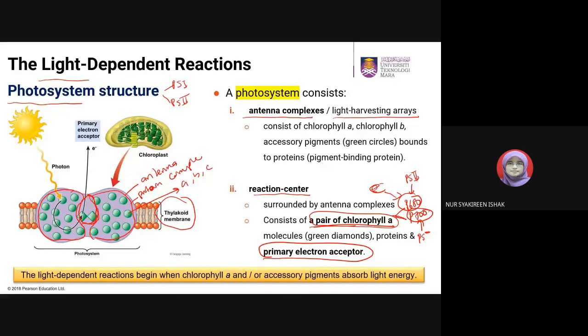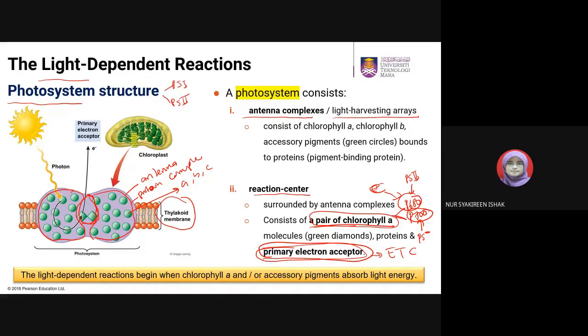Okay, they will have high energy and then be released from the chlorophyll A to the primary electron acceptor, and then from there the electrons will be passed along the electron transport chain, ETC.